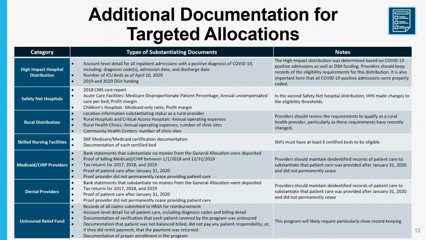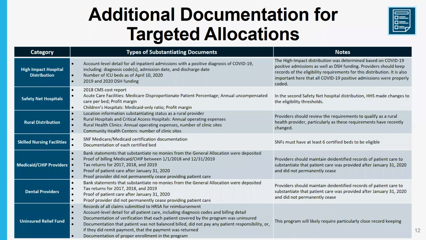So eligibility, obviously it's going to depend on what distribution or distributions you received. The documentation we've compiled here, again, is based on the applications as well as the terms and conditions. At the moment, it's unclear whether documentation substantiating your eligibility will be part of the reporting requirements.